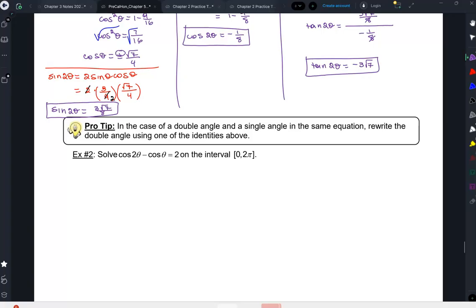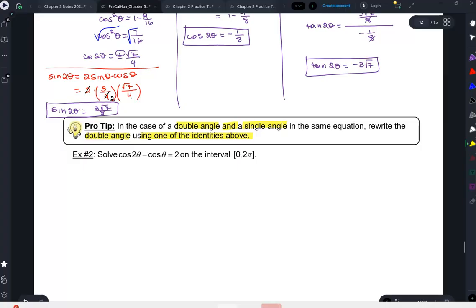Okay, so let's solve this equation. A tip: if you have a double angle and a single angle in the same equation, you have to rewrite the double angle using one of the identities above. Like this one, I have cosine 2 theta and cosine theta.